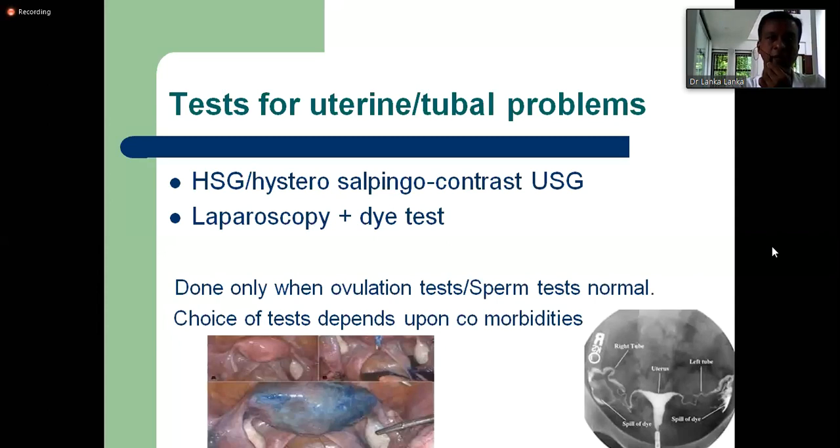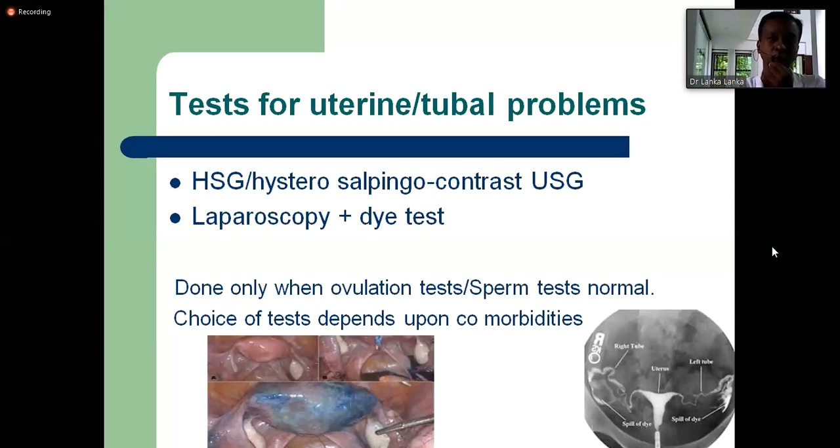So basically you do HSG for somebody with a history of normal periods and no pelvic pathology. But if you suspect any pelvic pathology with dysmenorrhea, dyspareunia, and different kinds of history, then the investigation of choice is laparoscopy.